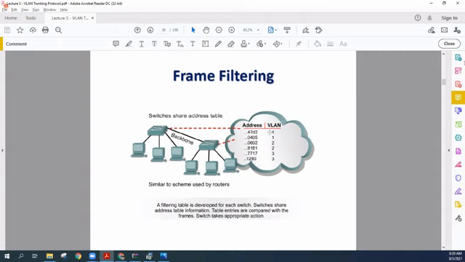So here it says VLAN 1 and its related MAC addresses, VLAN 2, its related MAC addresses, VLAN 3, its related MAC addresses.